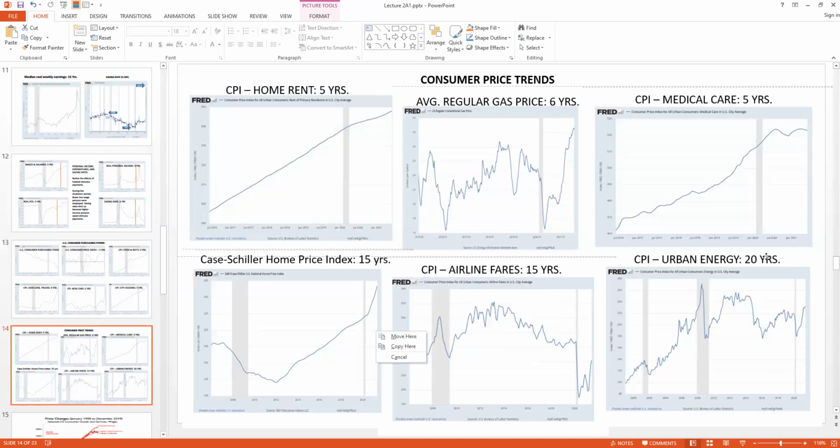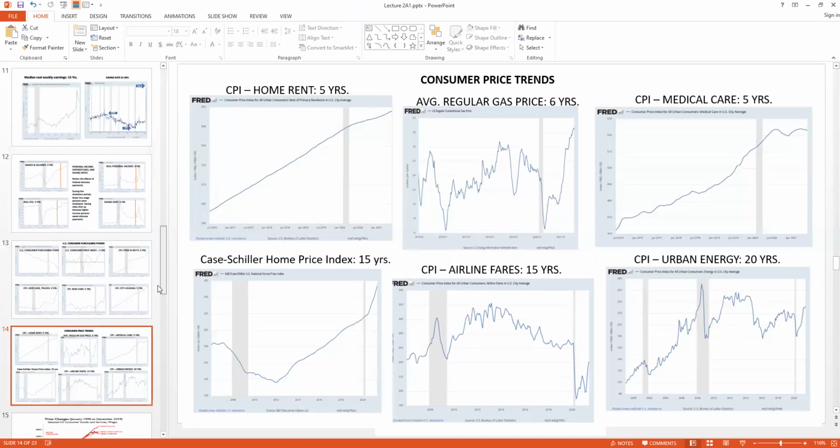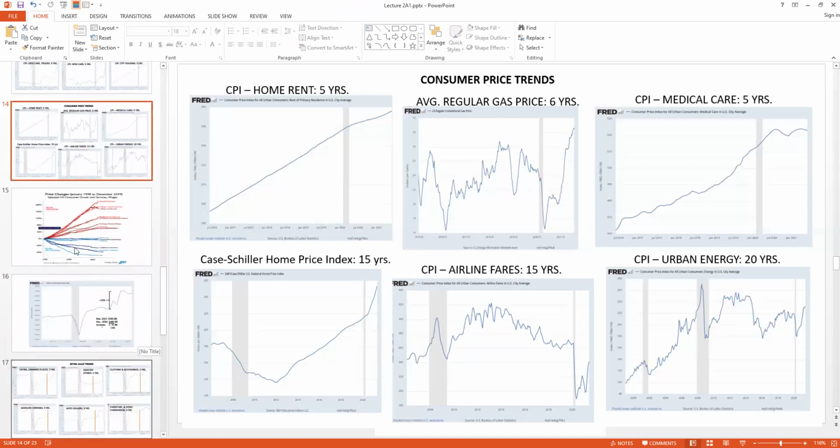And then the price for energy, and again, in the cities, we see that there has not been too much of an increase until just recently. And as the recession occurred, the demand for energy fell, and that had a negative impact on prices. So with that, let's move on.